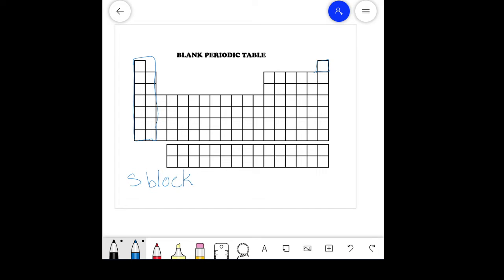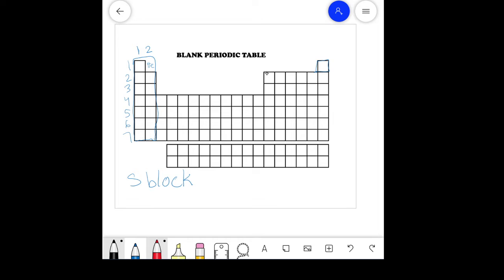In the S block, these are the elements whose last thing in the configuration is going to be an S. This group right here is going to end on a 1, and this group right here, remember helium's here, is going to end on a 2. So this is going to be like 1s1, 2s1, 2s2, 3, 4, 5, 6, 7. So that's the S block.